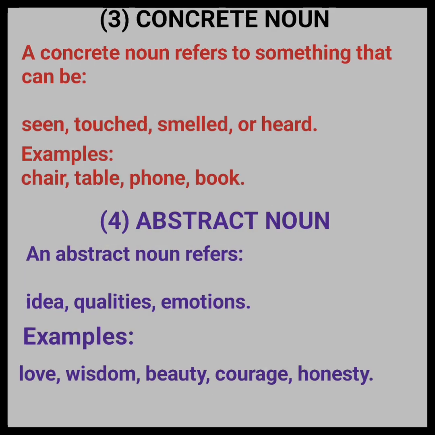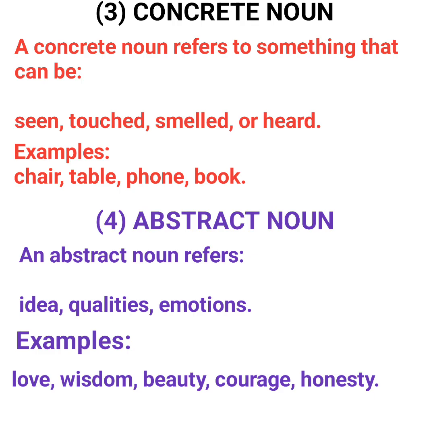The third type is a concrete noun. A concrete noun refers to something that can be seen, touched, smelled, or heard. So our 5 senses, those ones that work with them, are known as concrete nouns, especially that can be touched, that can be seen.